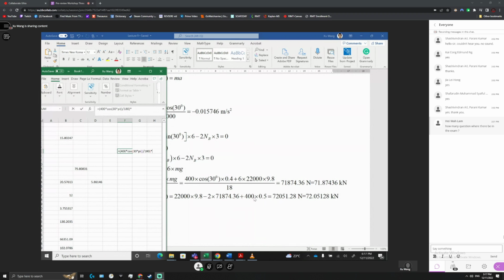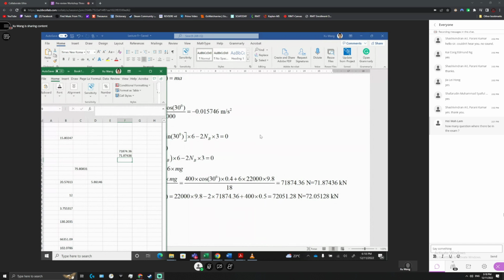And multiply 0.4 plus 6 multiply 22,000 multiply 9.8. Then close the bracket and divide by 18. So you should get this one, which is in Newton. You have to divide by 1,000 for kilonewton. Kilonewton is 71.87 kilonewton, right?